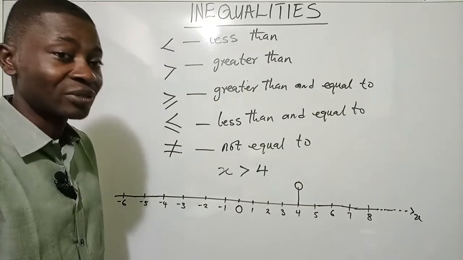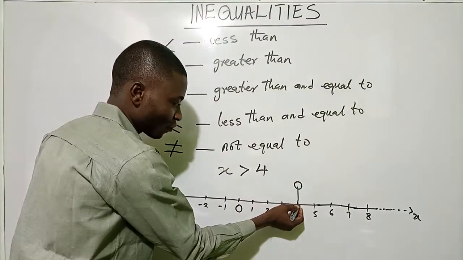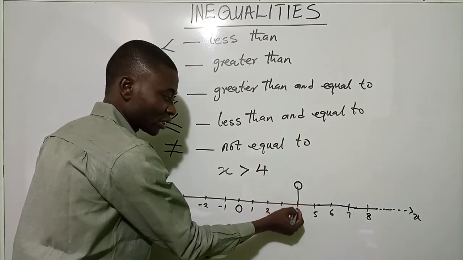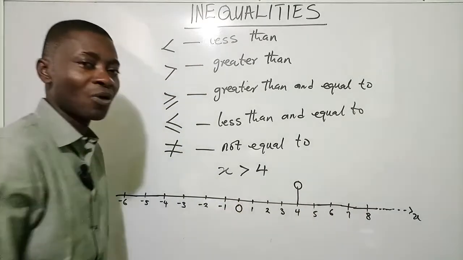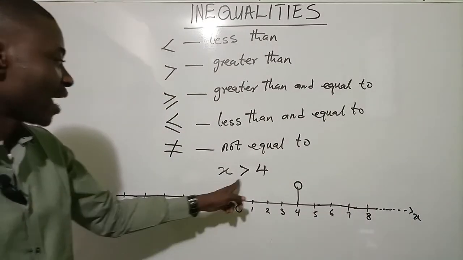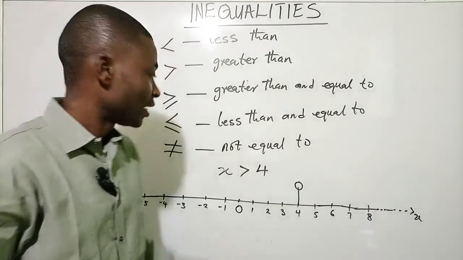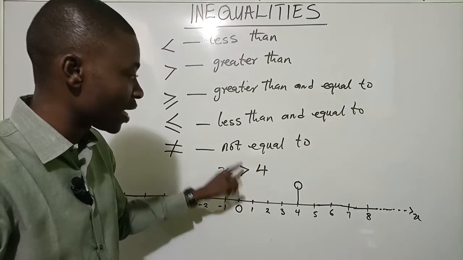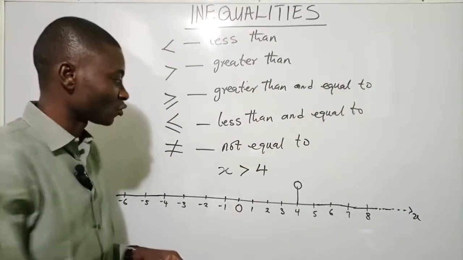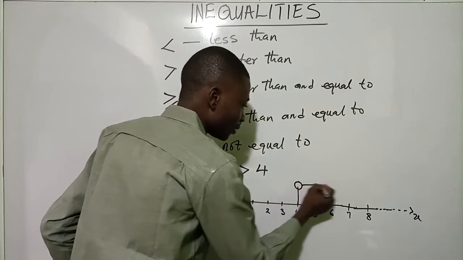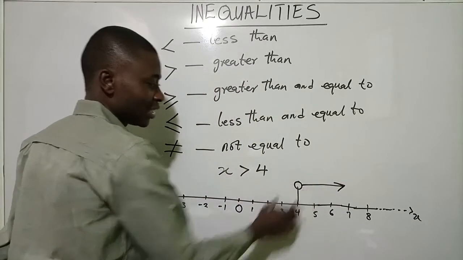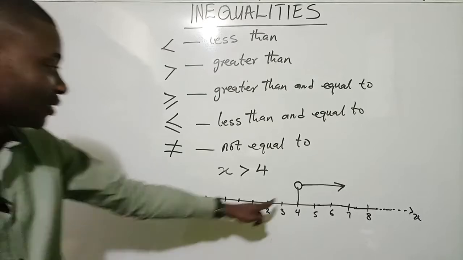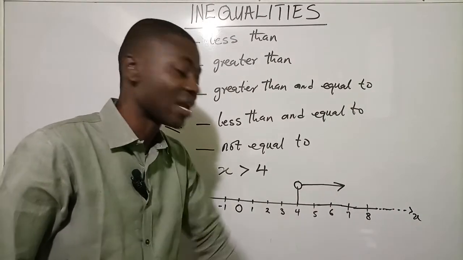Some textbooks won't do this. But how will you know where to move? You look at the arrow. The arrow is facing this way, greater than, so you go this way. So you have successfully expressed this in number line. This means x is greater than 4.